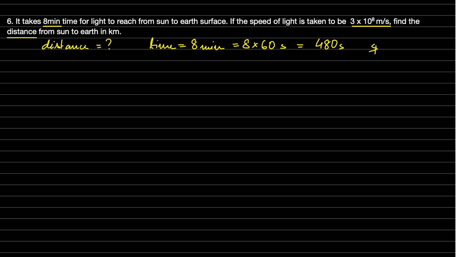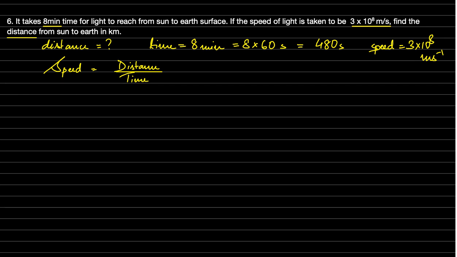So time is 480 seconds. Speed is given as 3 into 10 to the power of 8 meter per second. So we will be using the formula speed is equal to distance divided by time.